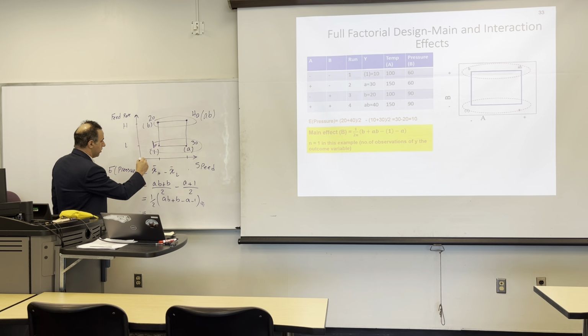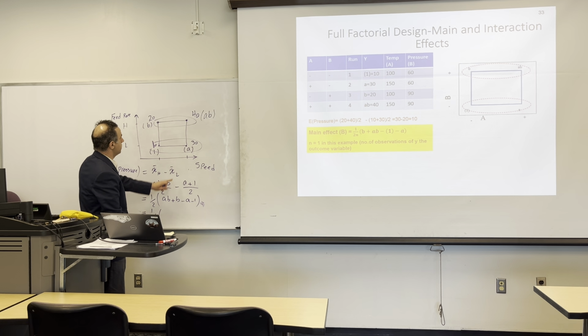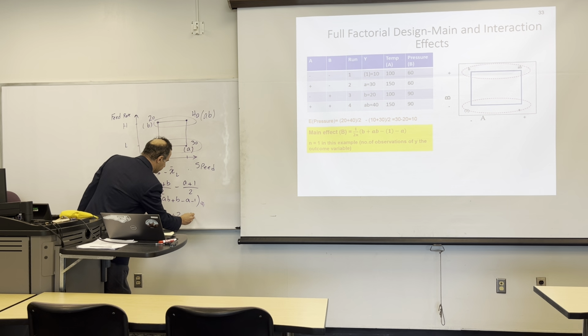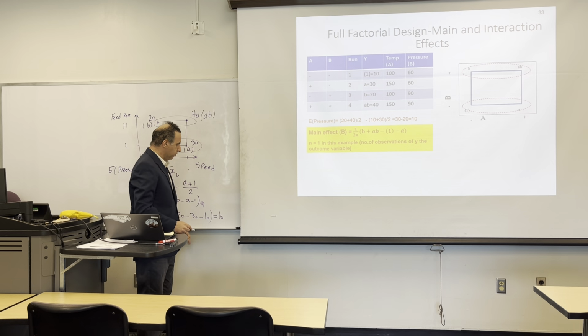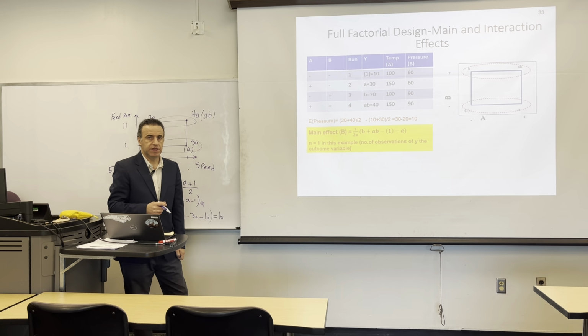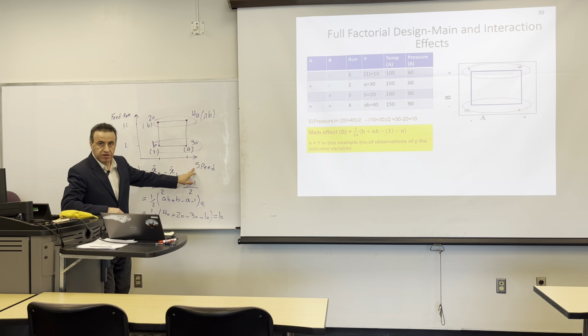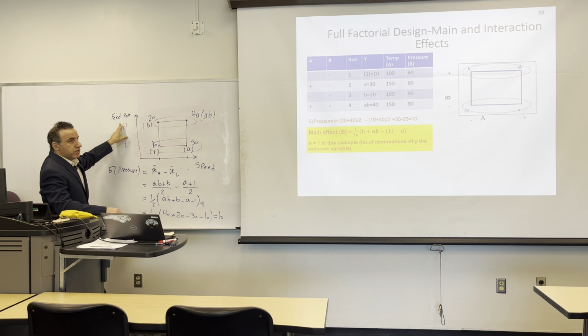Once we plug these numbers in there, AB is 40, right? B is 20 minus 30 here, and this is 10. We should have something like 10. So you got a lower number. The previous one was 20. That means speed has a larger effect on that response compared to feed rate.